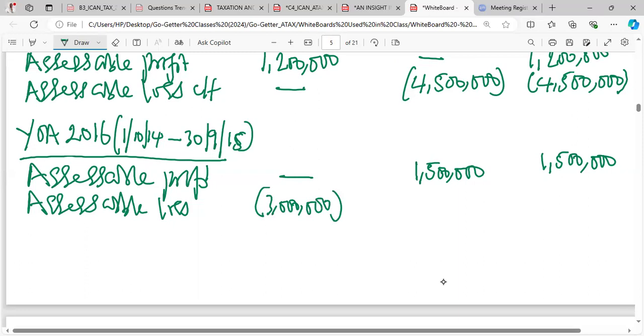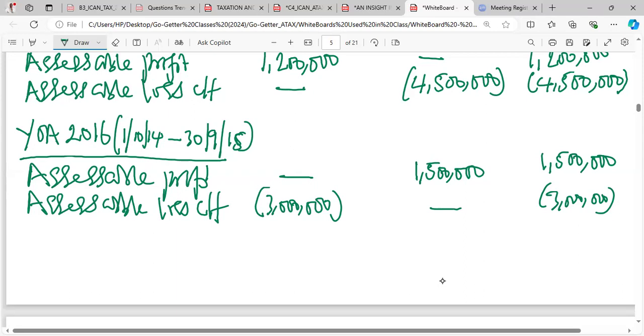Now, this is the first time rice is making loss. It made profit the last time. So it will carry this loss forward until whenever it has a profit. So this loss is carried forward. But now, look at beans. Beans had loss before of 4.5.